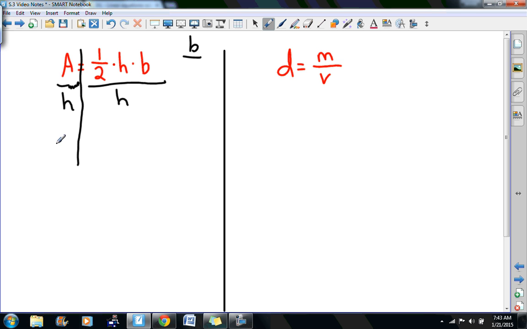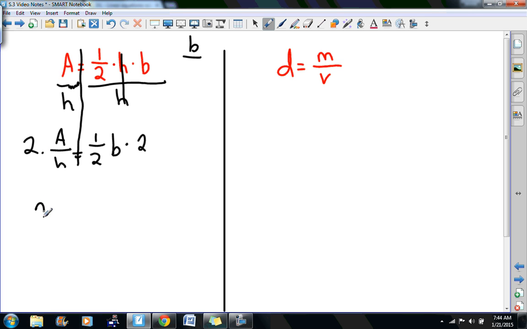So then we have A divided by H is equal to, those are now gone, 1/2 times the B. Well, the opposite of multiplying by 1/2 is multiplying by 2. You could also think of this as dividing by 1/2. So I'm multiplying this whole term by 2.